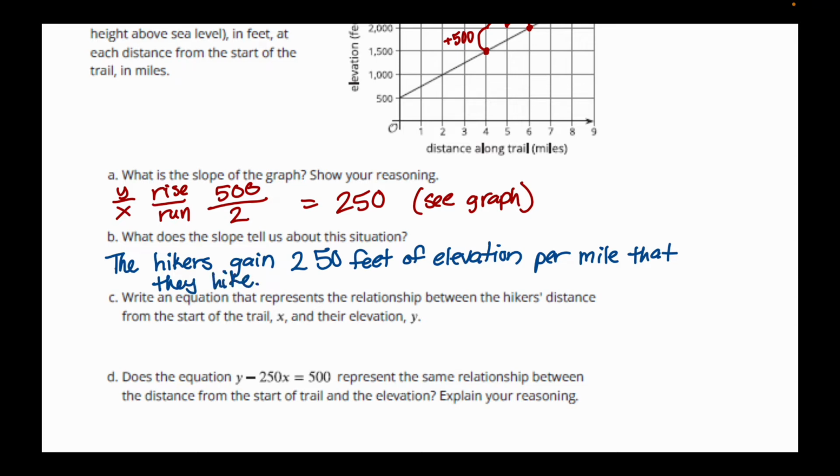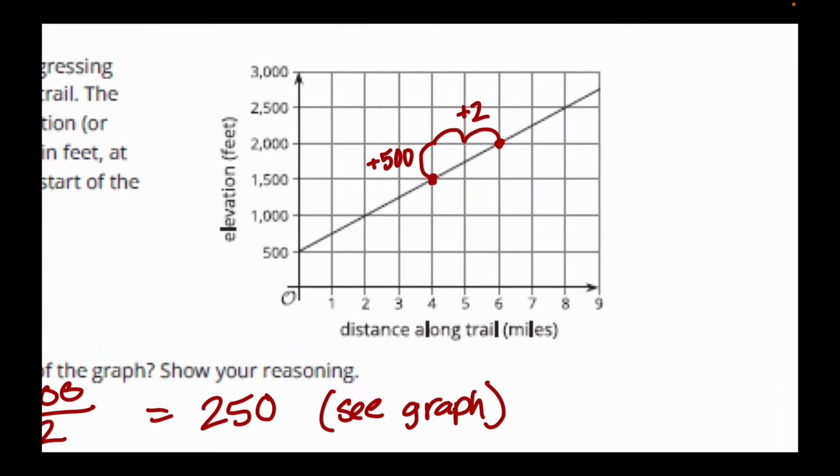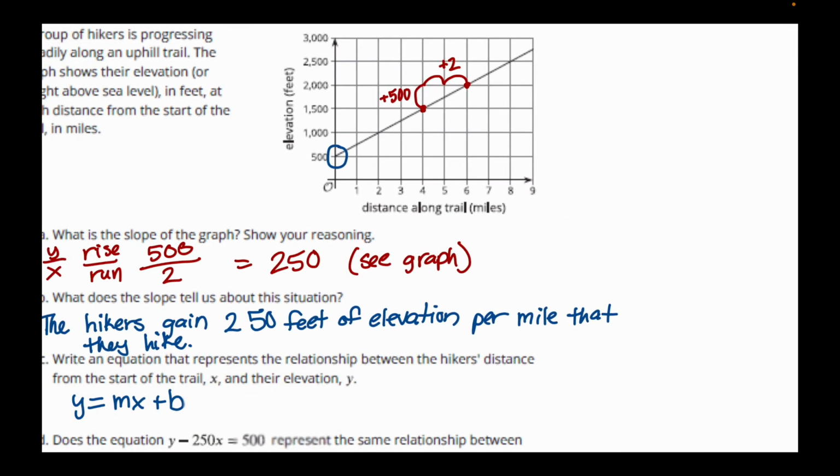Okay. Now, part C says write an equation that represents the relationship between their distance from the start of the trail, so x, and their elevation, y. In order to do that, the easiest way, especially to read from a graph like this, is to use slope-intercept form. So I am going to say y equals mx plus b. I already found the slope from the previous question, so now I'm going to identify on here their vertical intercept, or y-intercept, and that's going to be 0, 500.